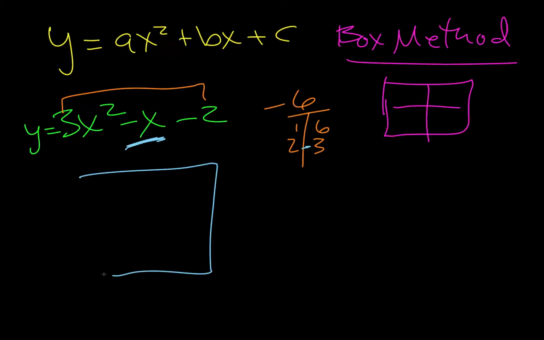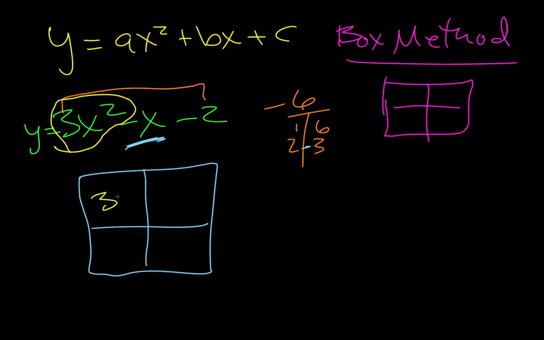Now here's where it deviates though. Now we're going to draw a box that kind of looks like a window, I guess. And what we're going to do is we're going to take the first term, so that's all of that, and put it in this box. Then we'll take the last term, or the constant, and put it in this box. Then this is the part that kind of trips up kids conceptually. But what we're going to do is we're going to split this negative x into 2 different terms.